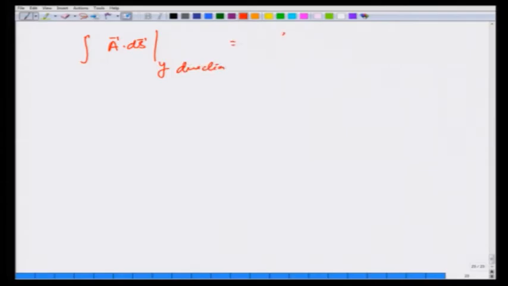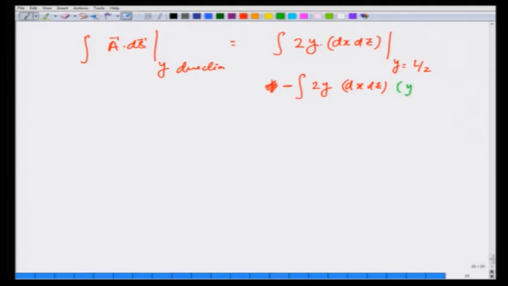This is going to be integral 2y dx dz at y equals L by 2, plus 2y dx dz with a, now this plus I am going to replace by minus, because the unit vector product out here is going to be y times minus y for the back surface.